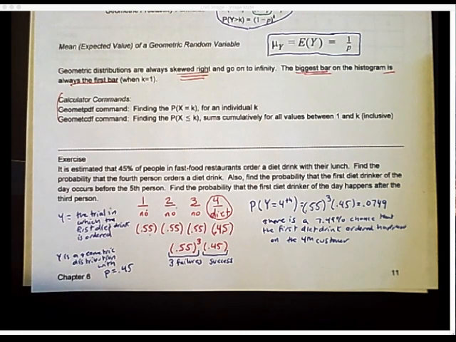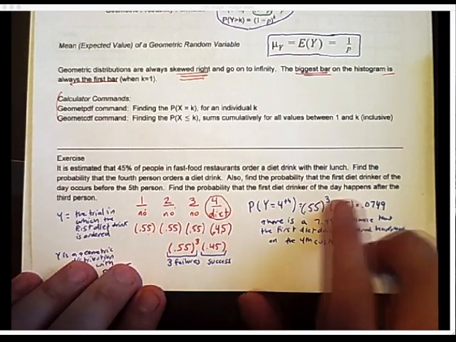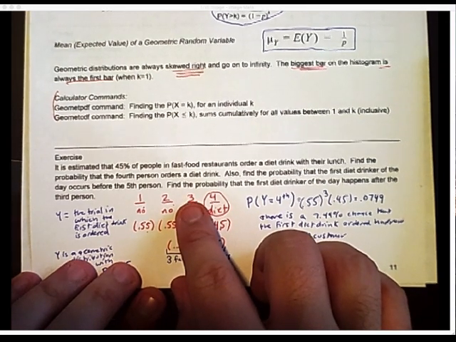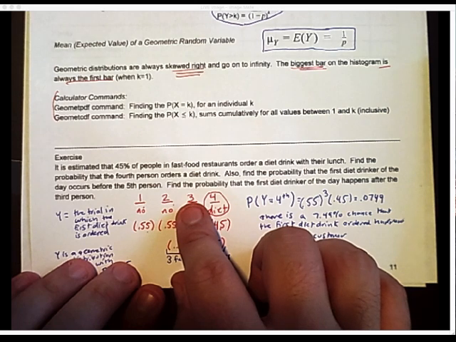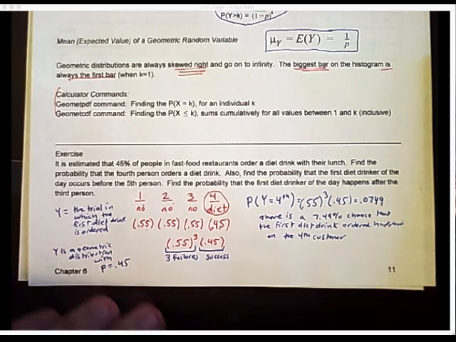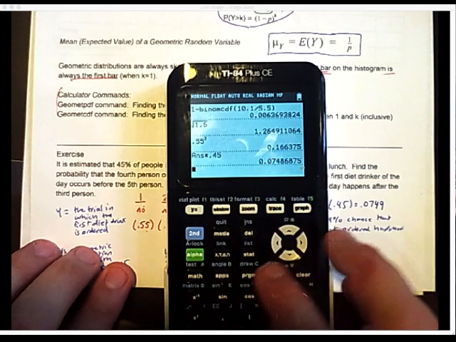Right. Now, think about why these numbers could hypothetically go out to infinity. You could have 1 million people say, no, I want a regular soda. And on your 1,001st person, they could be a diet drink, a diet soda. Okay? So let's kind of think about this in terms of a histogram.